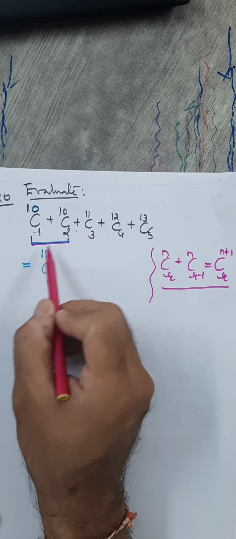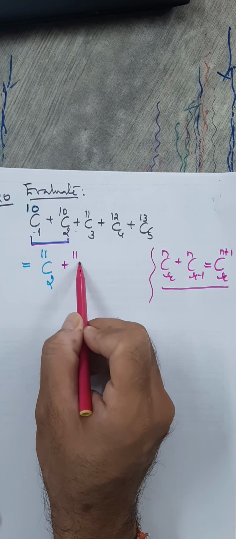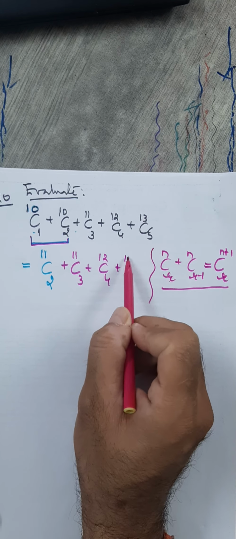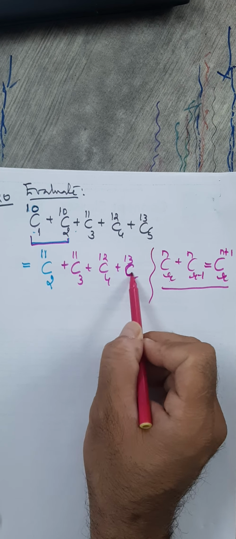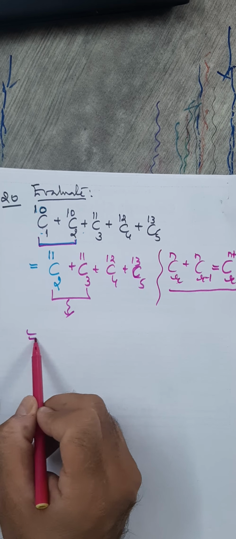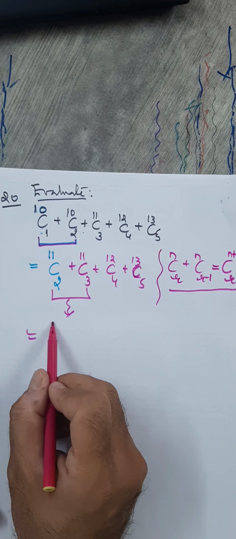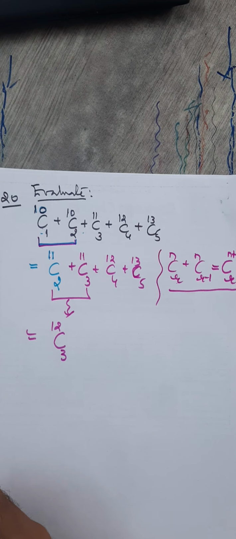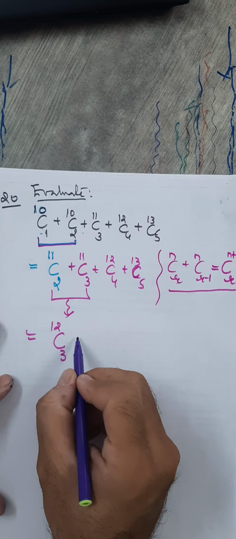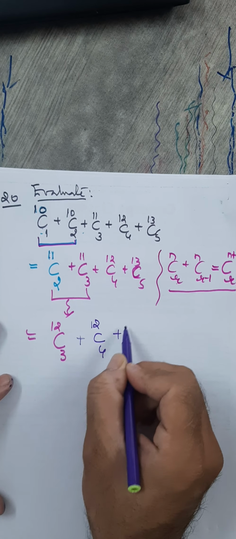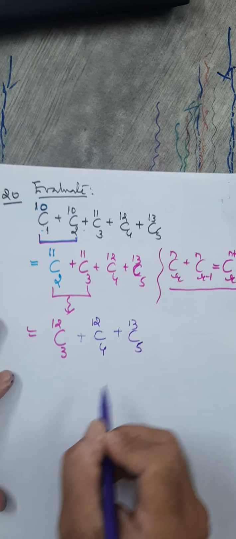So from first two you have this. I'll copy 11c3 as it is, 12c4 as it is, 13c5 as it is. Now again look at this two. What we'll get from this? These two numbers are equal. So 11 plus 1 and the bigger of this, 12c3. Right? What about this? I'll copy this one as it is, 12c4 as it is, 13c5 as it is.